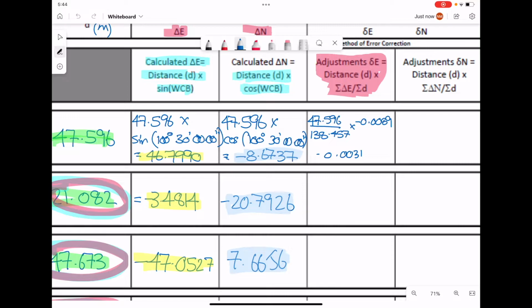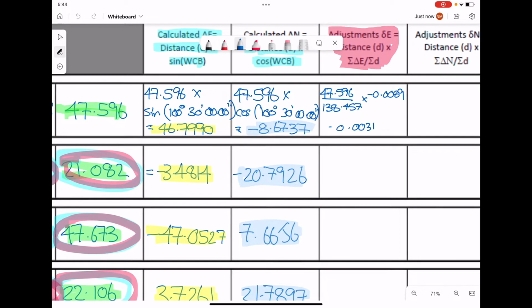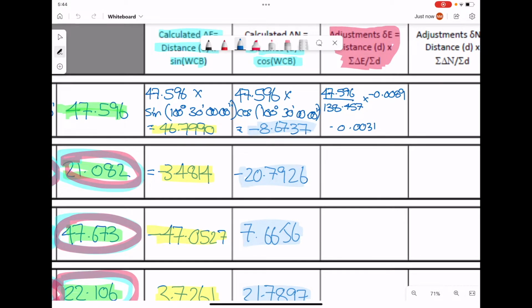Repeating the same calculation, except for the next row, we're going to use a distance of 21.082.